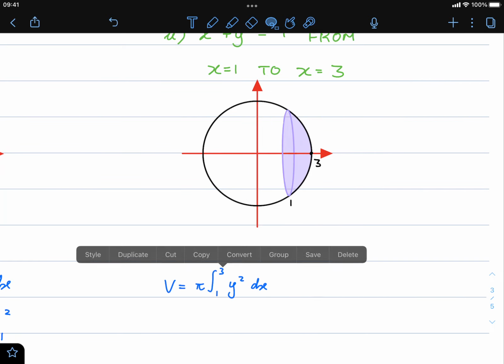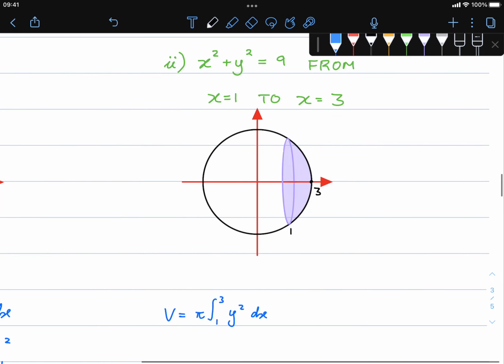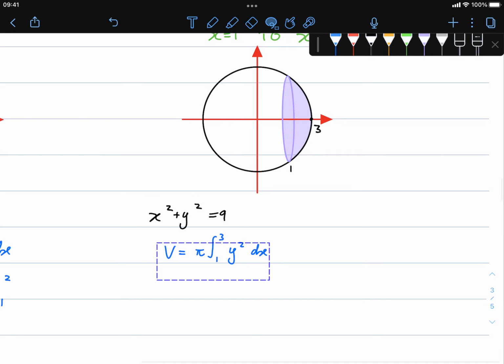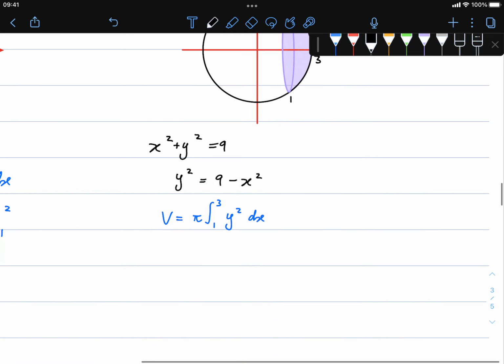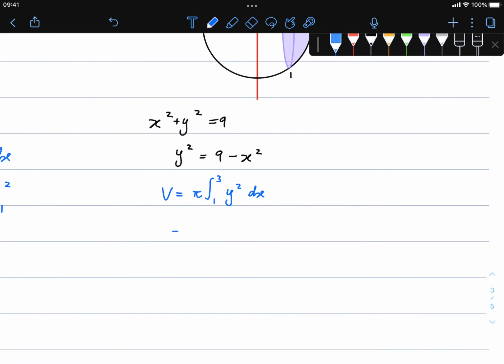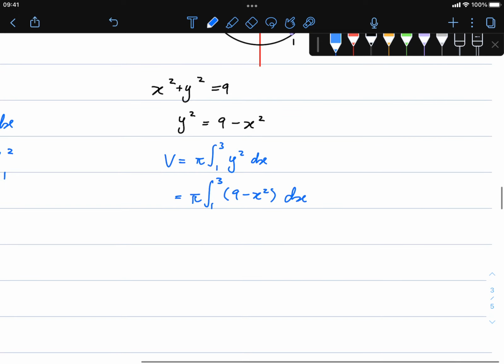But if we go back to our function, we have x squared plus y squared equals 9. Well, we can simply find y squared by moving things around: 9 minus x squared. Okay, so substituting that in, we get pi times the integral from 1 to 3 of 9 minus x squared dx.